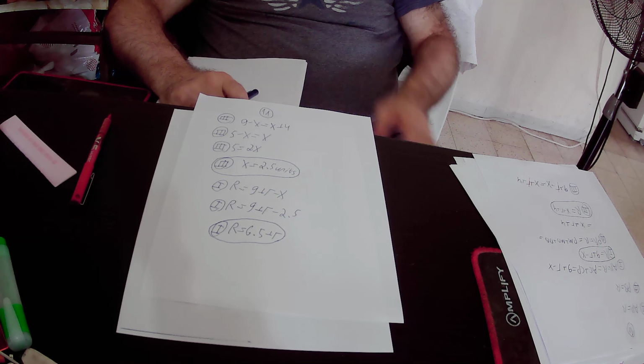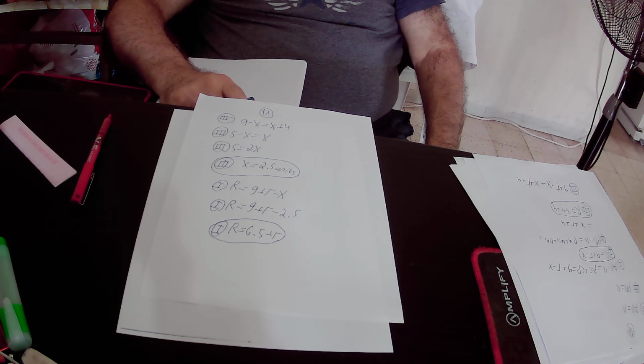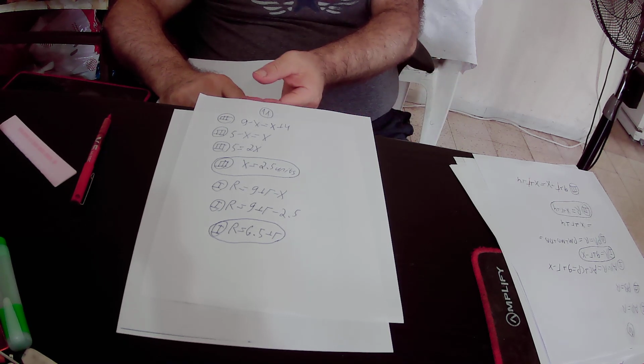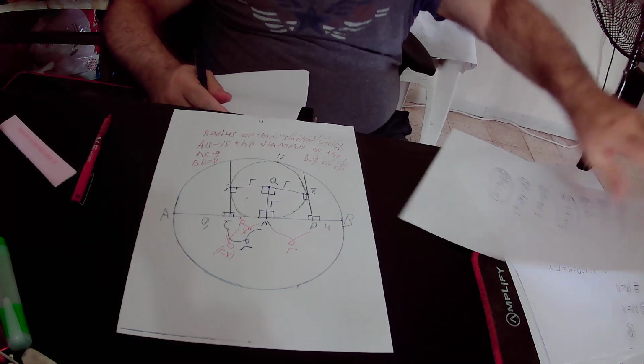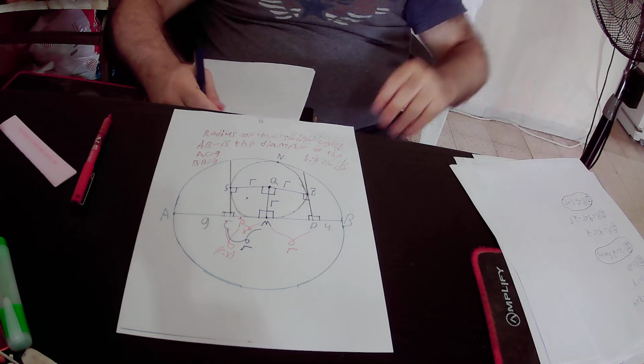In the next step, I will present a new rule number 5, and we will implement rule number 5 in our two circles.